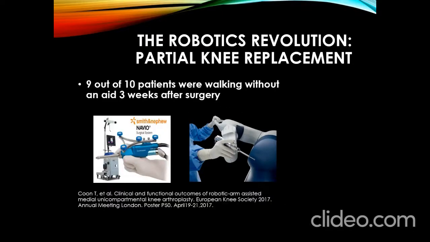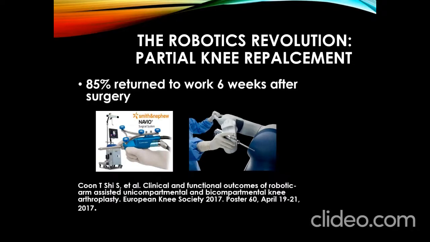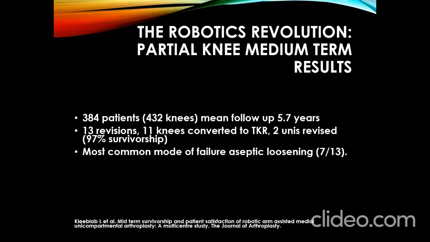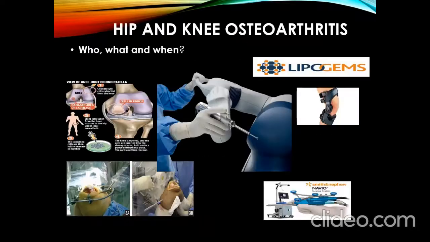It is far more accurate. The majority of patients are able to walk without a walking aid 3 weeks after surgery. 85% of patients return to work 6 weeks after surgery using robot-assisted partial knee replacement. The early outcomes are certainly comparable to the conventional way of doing partial knee replacements.